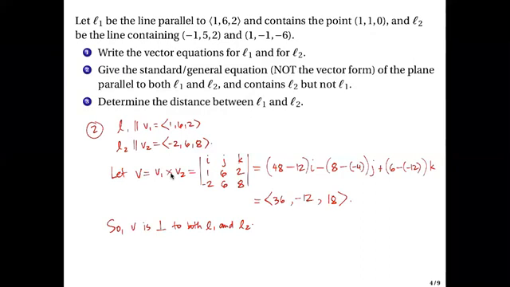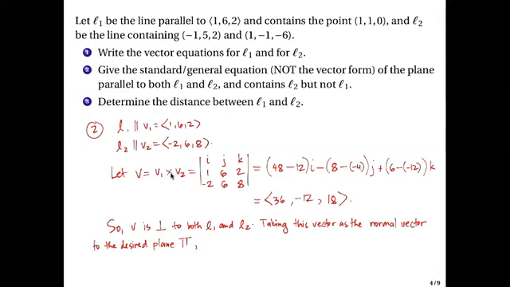So taking this vector as the normal vector to the desired plane, let's name the plane pi.